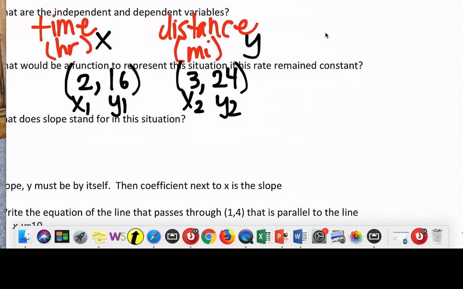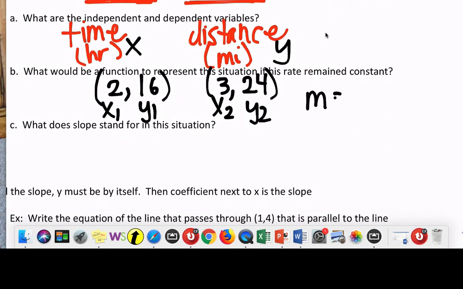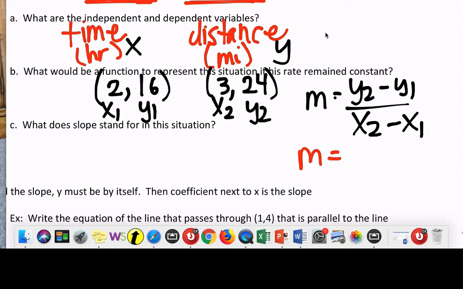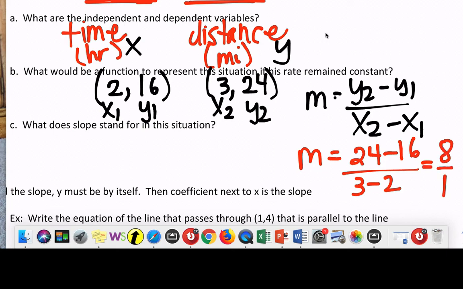If you remember from geometry, slope is y2 minus y1 over x2 minus x1. So this is just figuring out rise over run algebraically. If I plug in, we get 24 minus 16 over 3 minus 2, and that gives us 8 over 1. So he travels 8 miles every hour.